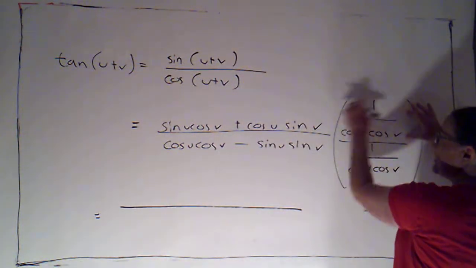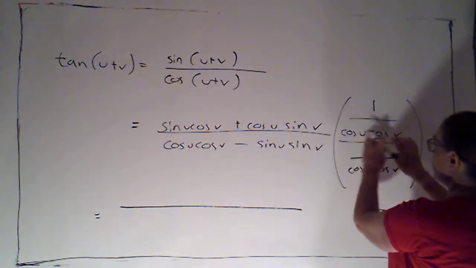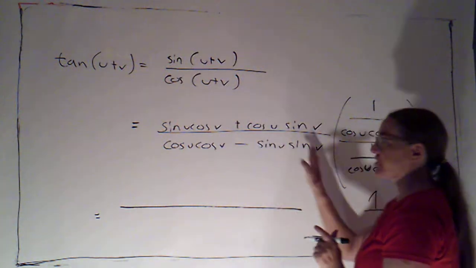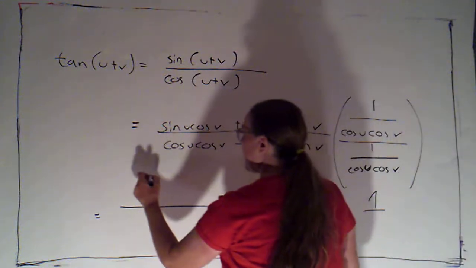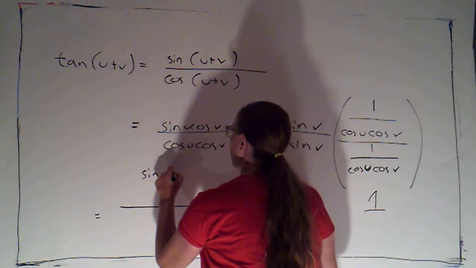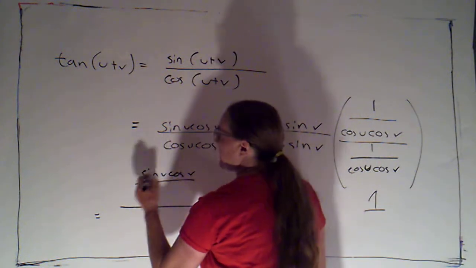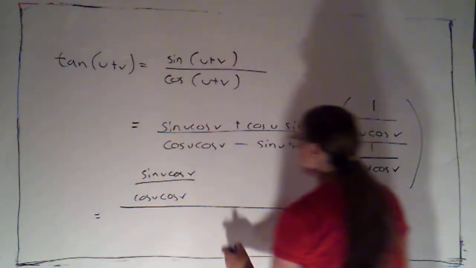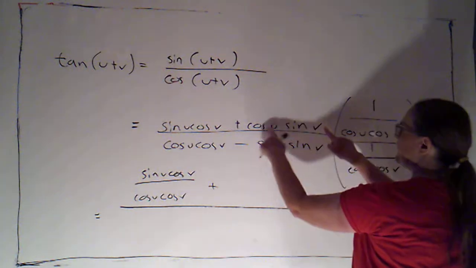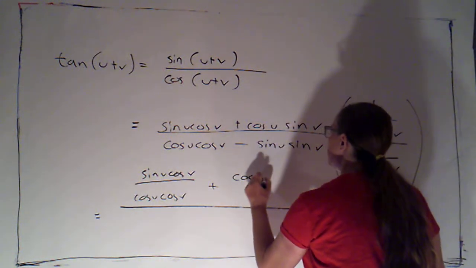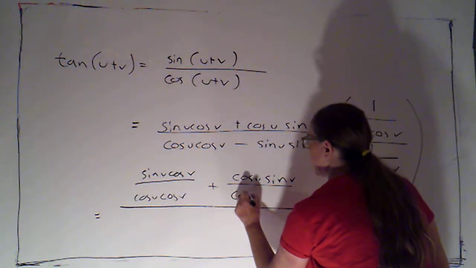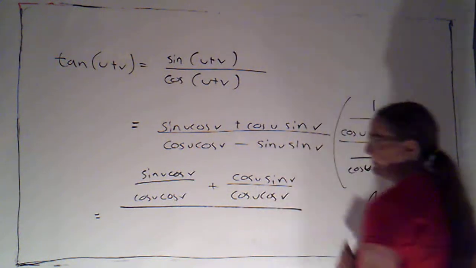I'm going to distribute this cosine u cosine v in the denominator to each term on top and to each term on bottom. So on top, my first term was sine u cosine v, and I'm going to divide that by cosine u cosine v. Plus, the second term was cosine u sine v, and I'm going to divide that by cosine u cosine v.